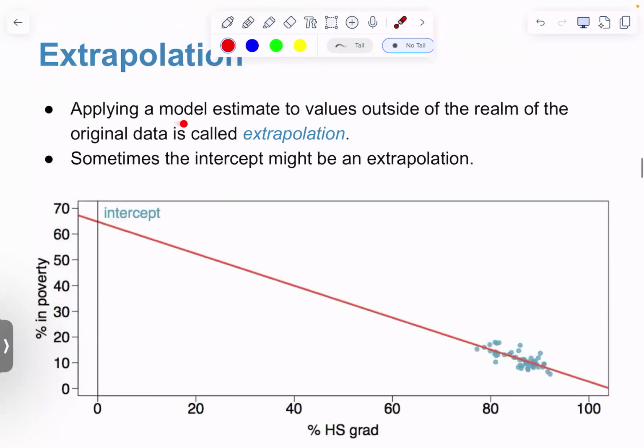And so applying a model, which is this line, model estimate to values outside the realm of the original data is called extrapolation.